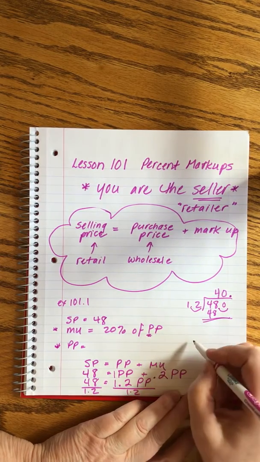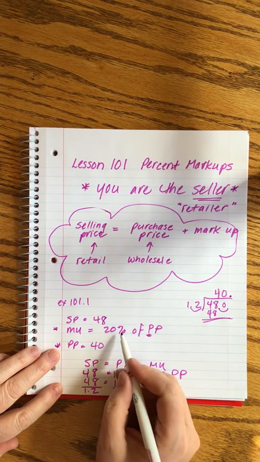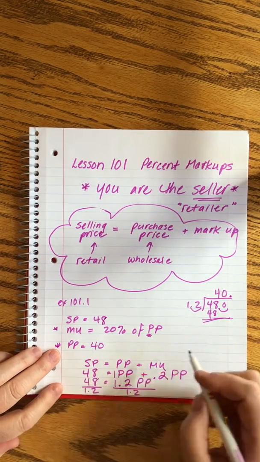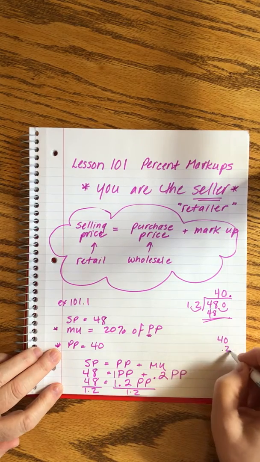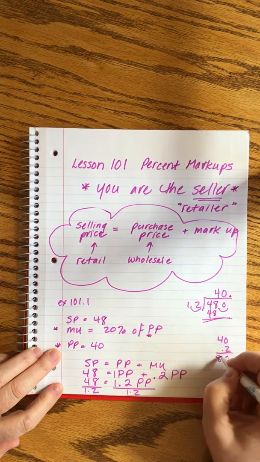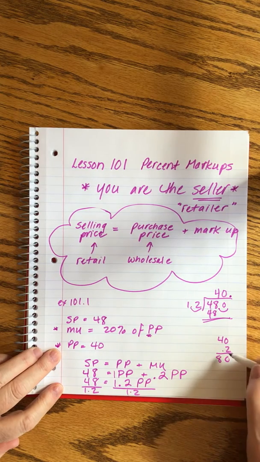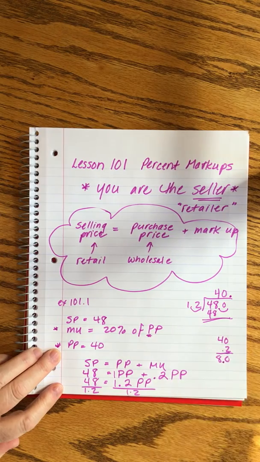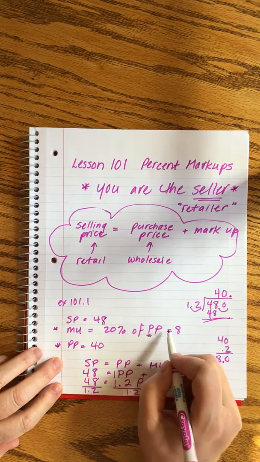So that tells us that our purchase price equals 40, and our markup, which is 20% of 40, let's just go 40 times 0.2, 0, 8. Here, because there's 1 digit behind the decimal place. So our markup equals 8.